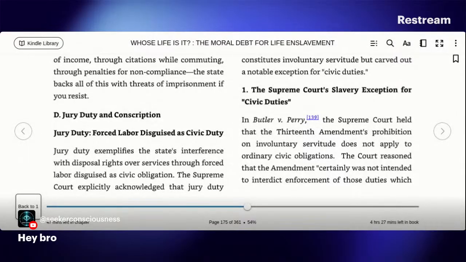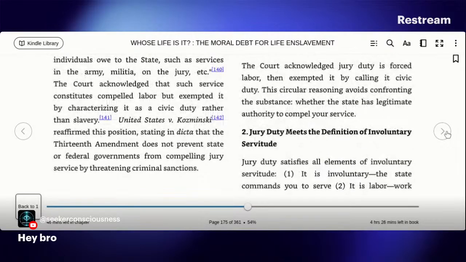In Butler versus Perry, the Supreme Court held that the 13th Amendment's prohibition on involuntary servitude does not apply to ordinary civic obligations. The court reasoned that the amendment certainly was not intended to interdict enforcement of those duties which individuals owe to the state, such as services in the army, militia, on the jury, etc.